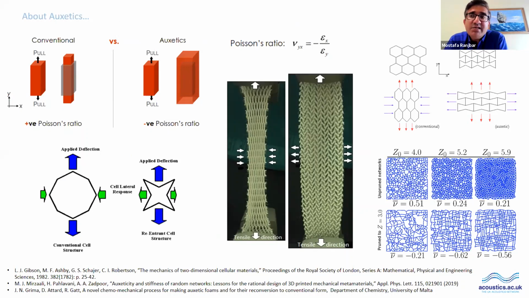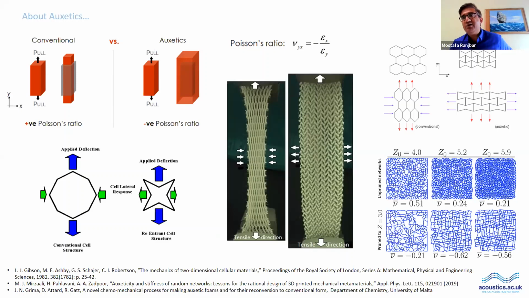So this is not a matter of the material properties of the structure, but it is a matter of geometry of a structure. That means you can develop a structure with negative Poisson ratio with the same material, but by changing the internal geometry of the structure.